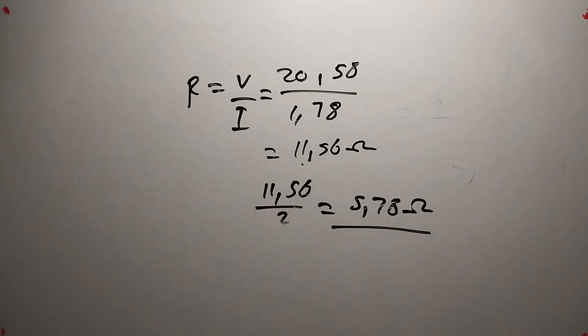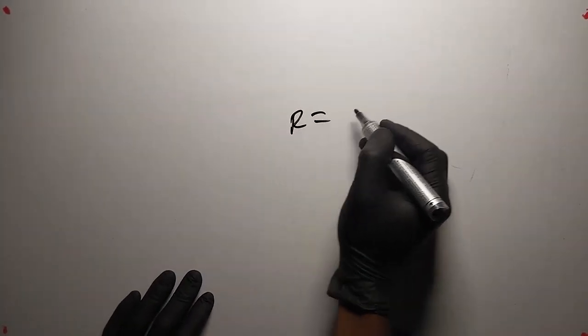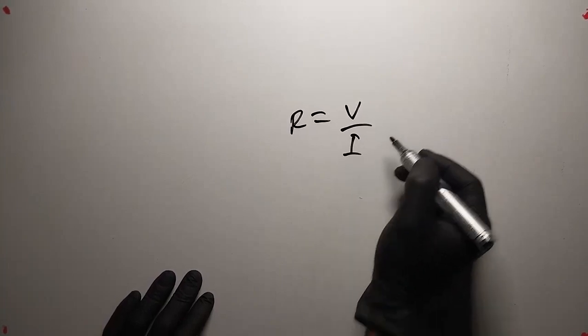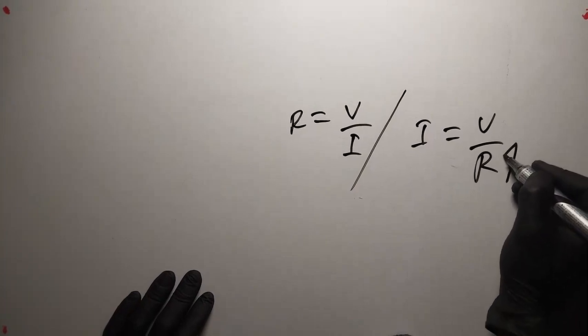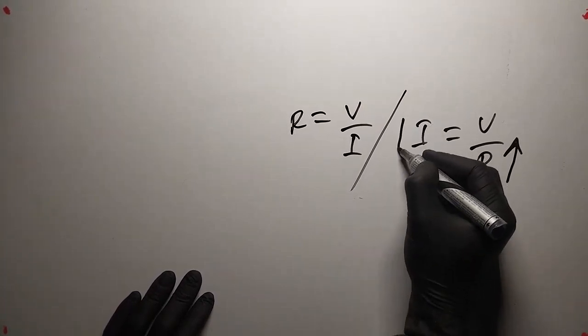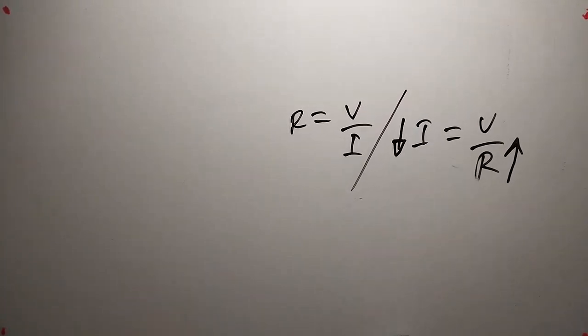If you remember Ohm's law, it says R equals V over I, or I equals V over R, which means now this is increasing. What will happen to this? It should decrease.